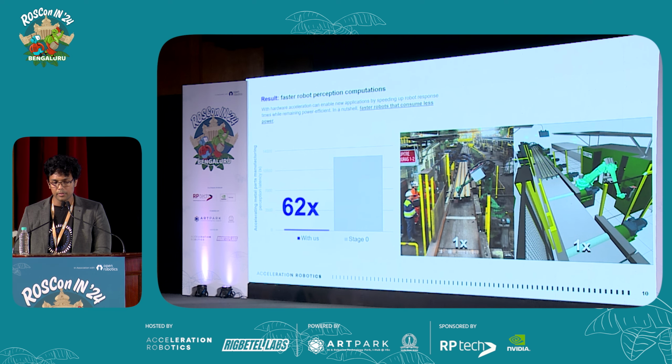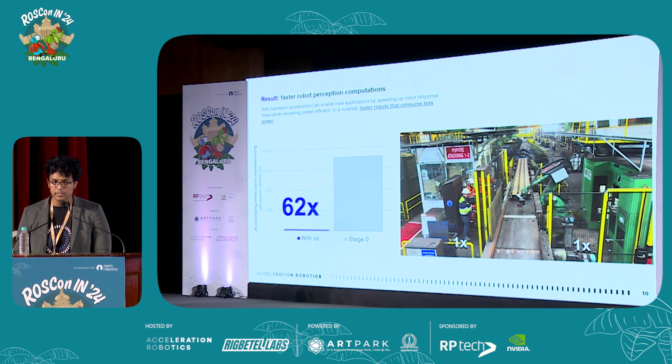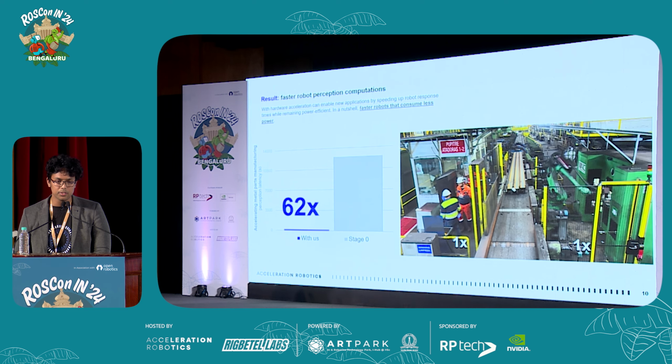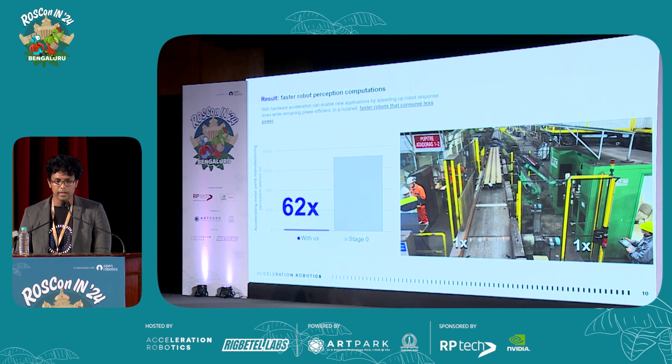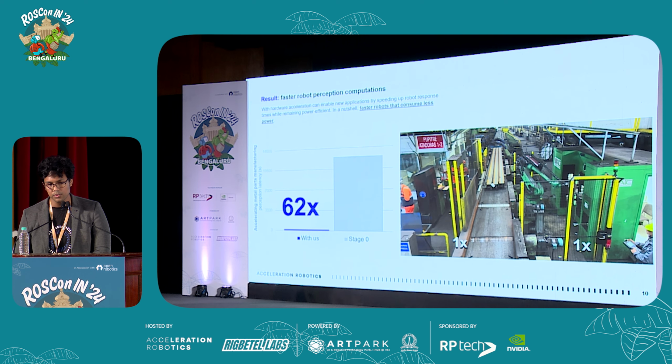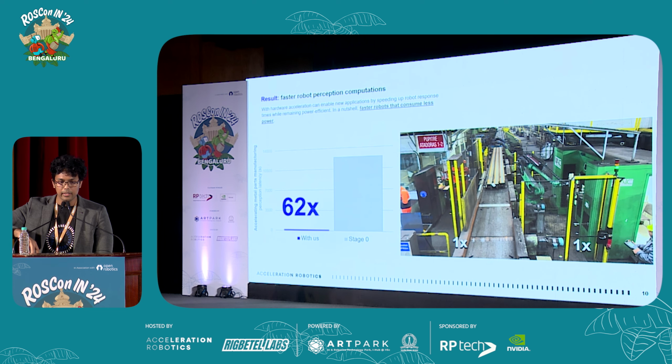There's a clear-cut difference, and from a numbers point of view, we managed to achieve a 62x hardware accelerated solution for them. Earlier they were taking 13 seconds, and right now they are taking 200 milliseconds to align that metal part to the assembly line. So that's the first result. We think of this as a pretty significant result. It has led to increased productivity in their assembly line currently.